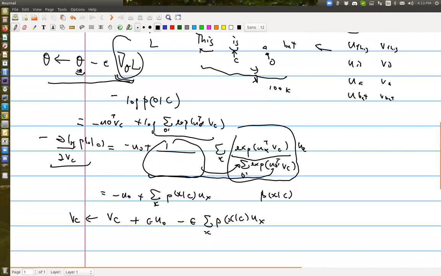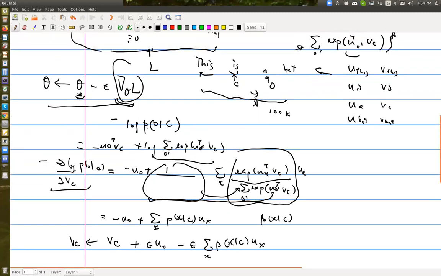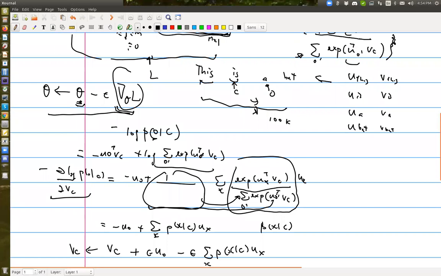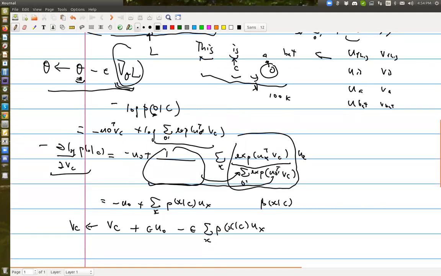There's a nice physical interpretation here. Based on our observation that an outside word occurs with my center word, I should update my center representation such that V_C is more similar to the outside representation U_O.